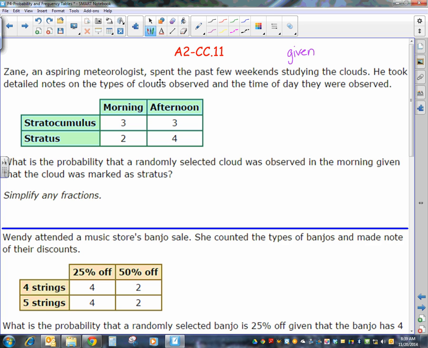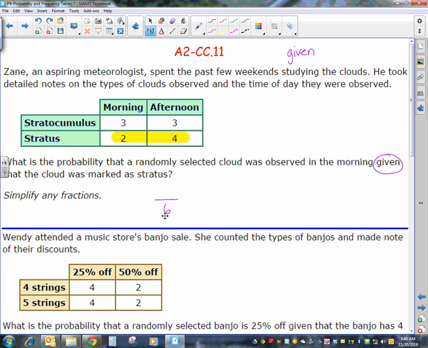Zane, an aspiring meteorologist, spent the past few weekends studying the clouds. He took detailed notes on the types of clouds observed and the time of day they were observed. What is the probability that a randomly selected cloud was observed in the morning given that the cloud was marked as stratus? Okay, so whatever that given, that is your bottom number every time.